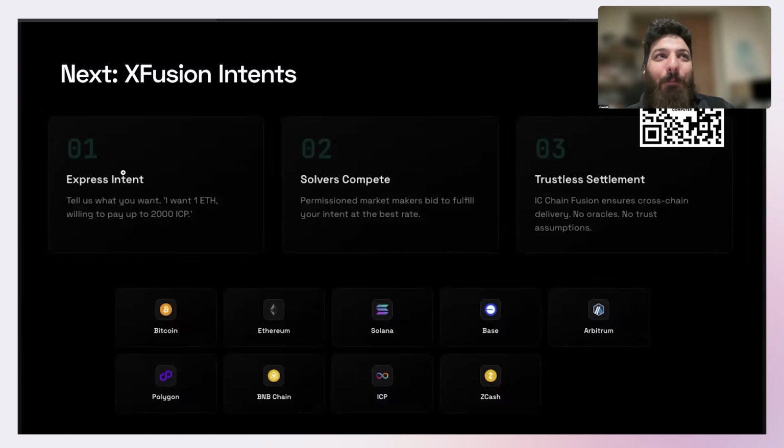Actually, I got this whole idea after the Unite DeFi hackathon, which was the 1inch hackathon. And they basically took the best practices that they have and ported it to Internet Computer.